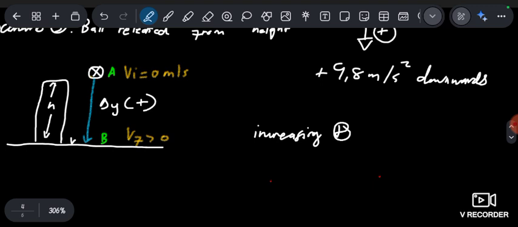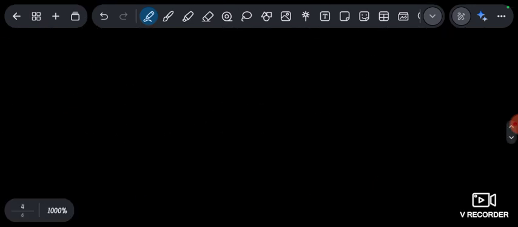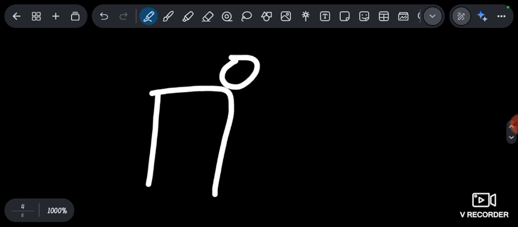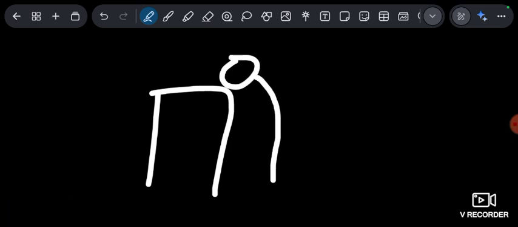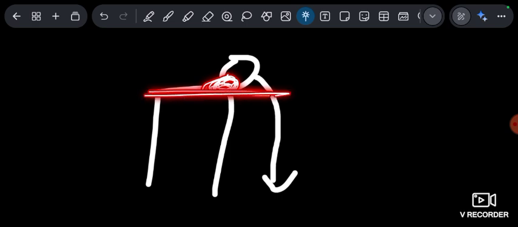What do you mean our displacement is increasing? Look at it like this. This is you. You throw the object down. If you take the point it started from, what is the distance between the ball and the surface here?